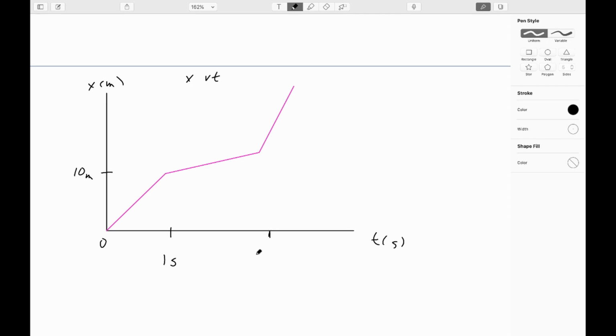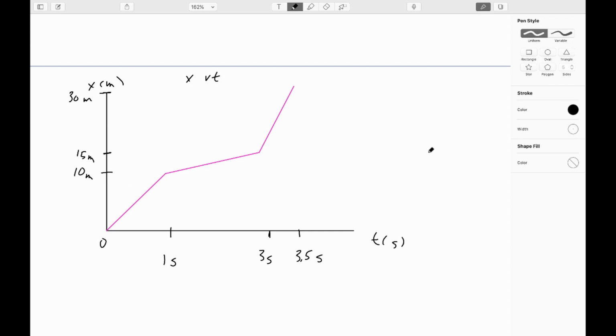This is 3 seconds here, and that's going to correspond to 15 meters. Be a little generous to myself. And then this is maybe 3.5 seconds, and we'll say that corresponds to about 30 meters roughly.